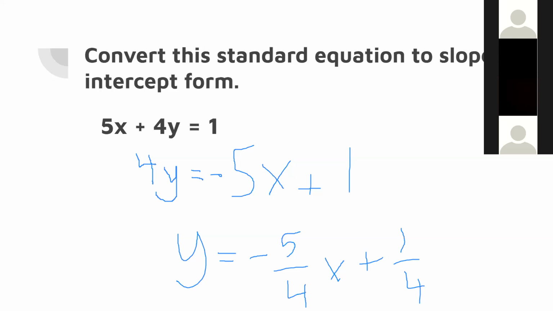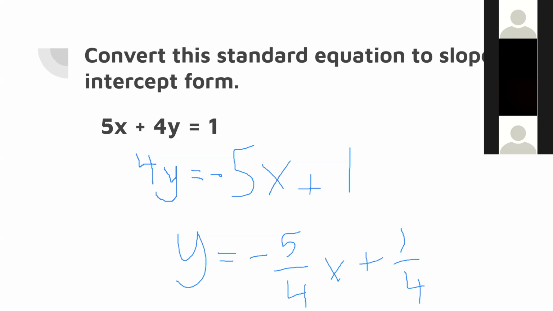1/4. Yeah, 1/4. And then this is something that you probably want to use the standard form for, but what's the x-intercept? Wait, is that 5?